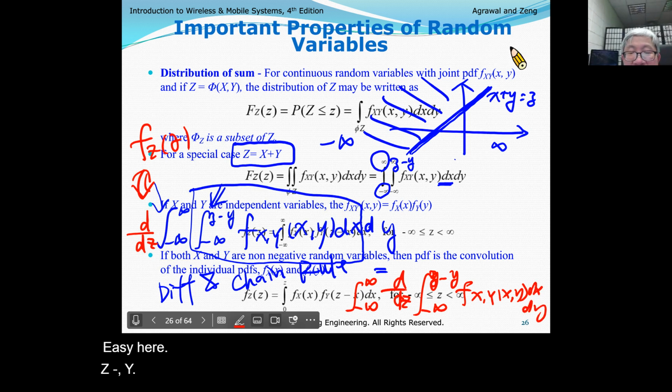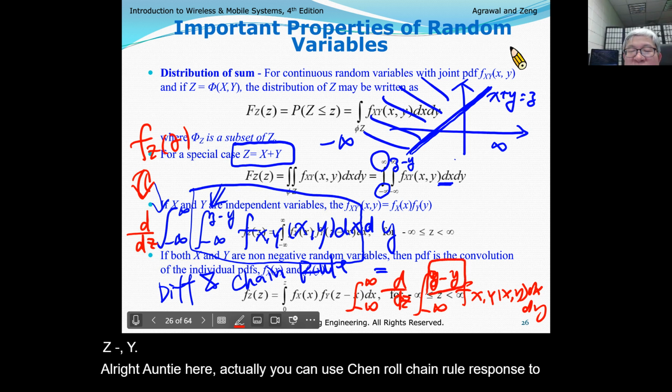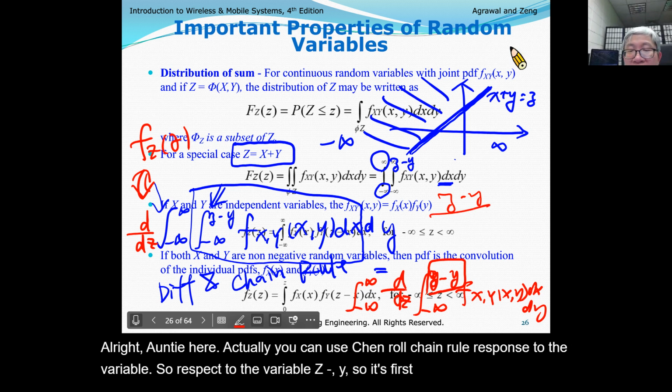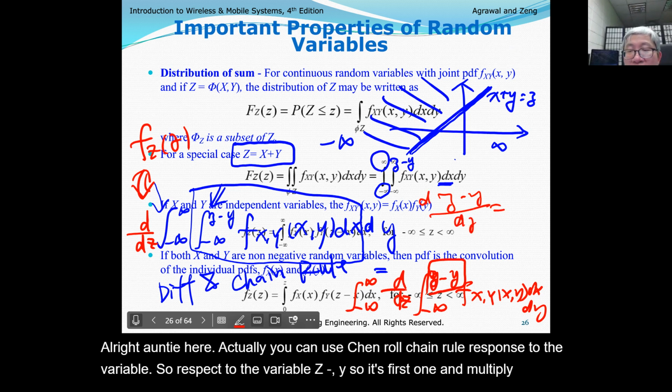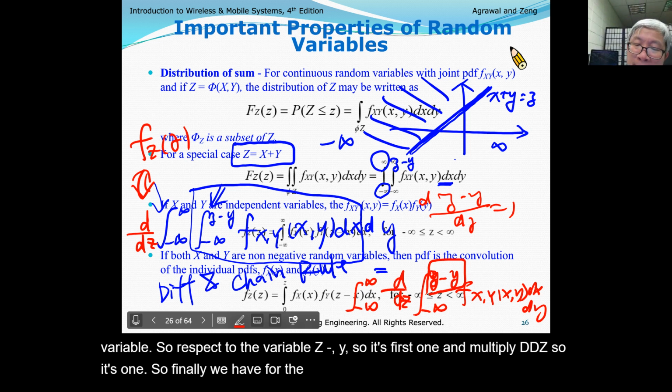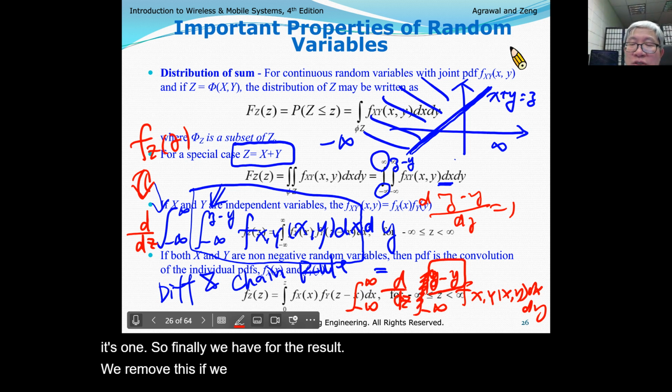Alright, and for dz here you can use the chain rule with respect to the variable z minus y. So it's the first one multiplied by dz, so it's 1. So finally we have the result. We remove this if we perform differentiation, so we have this one unchanged.